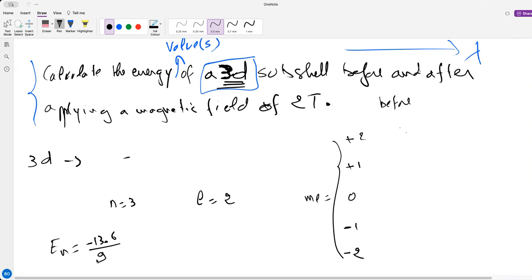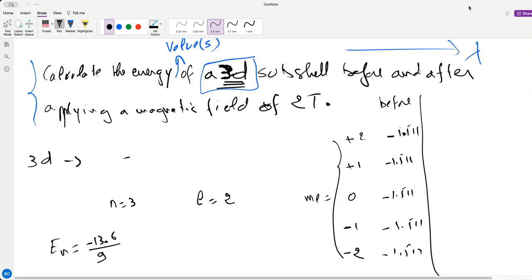So let's calculate it very quickly: 13.6 divided by 9, so the energy will be minus 1.511 for all of them.